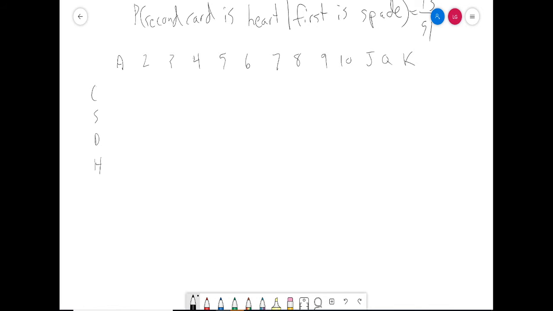Let's do a couple more. The probability that the second card you draw is the ace of hearts, given that the first is the ace of diamonds.